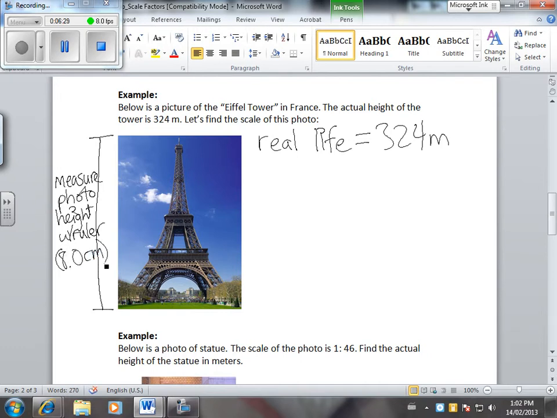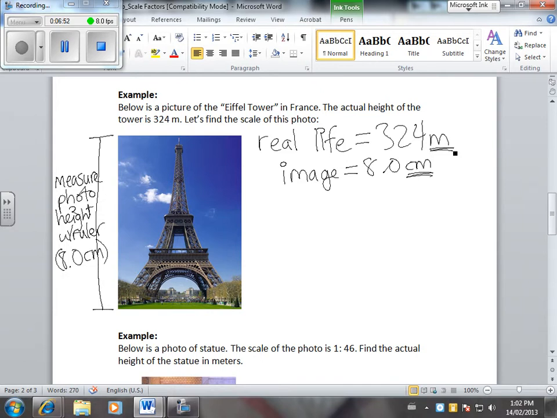So here's our real life, and our image. In this case, our image is a photo. We have 8.0 centimeters. Here we have this in centimeters and this is in meters. We need them to be in the same unit.